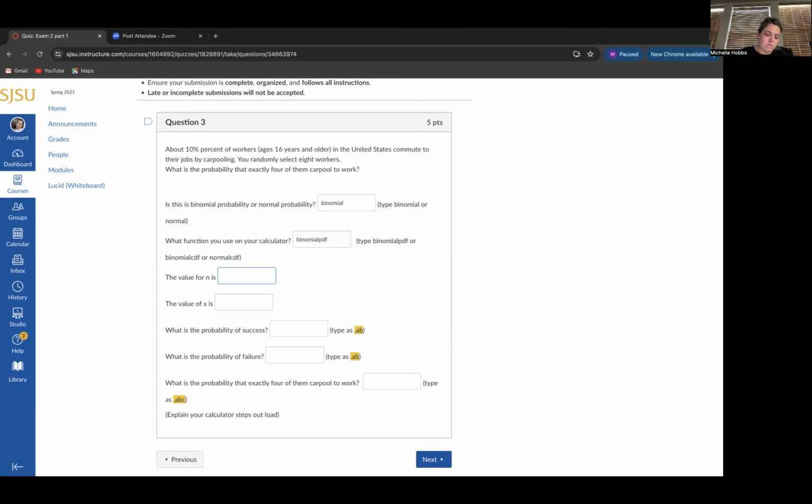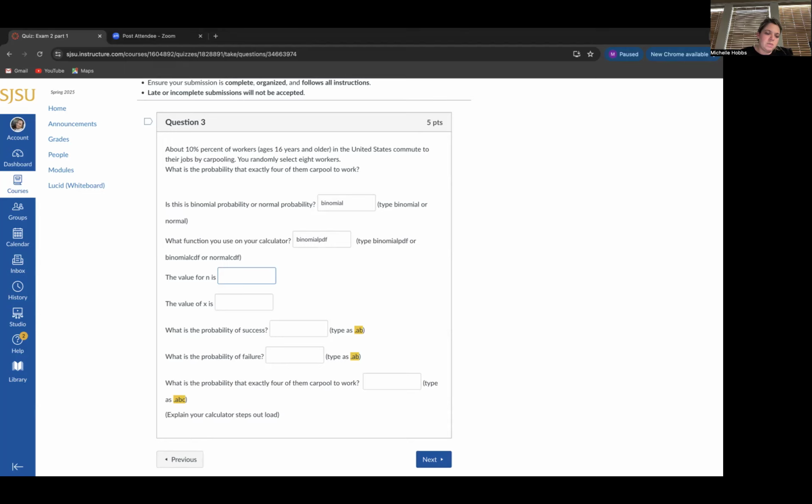So n is going to be binomial probability formula. So the formula is P of x equals n over x.